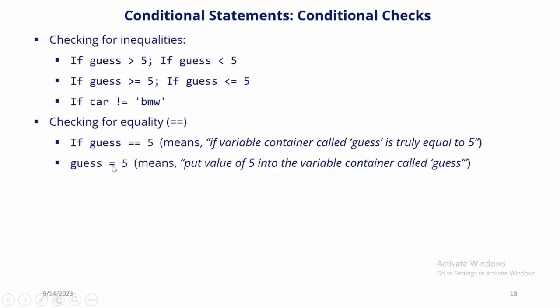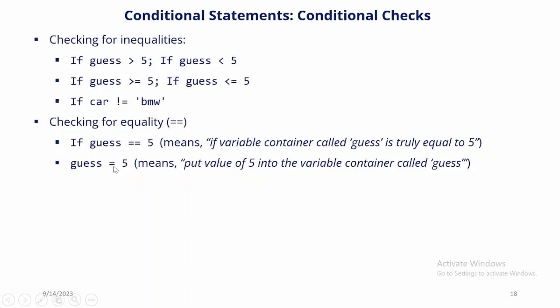The difference between the single equal to and double equal to is, for double equal to you are asking, is the content of the variable guess actually equal to 5? Let's take this analogy. If you have a container for salt, for instance, that container is called guess. It's a variable. You can store any value inside it. Now, when you say the container = 5, it means you are actually taking something like 5 grams of salt and putting it inside the container.